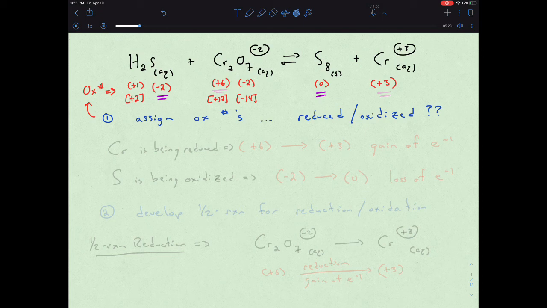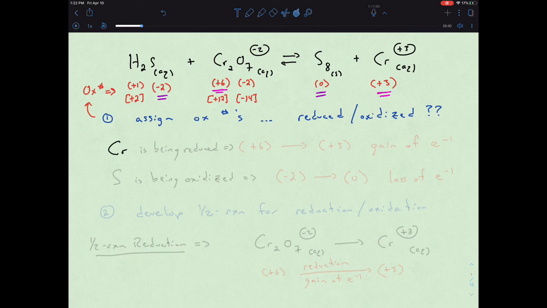And if we look at the chromium, it is actually going from a +6 oxidation number or state to a +3. So those are the species that are being reduced and oxidized. The sulfur is undergoing the oxidation, while the chromium is undergoing the reduction.